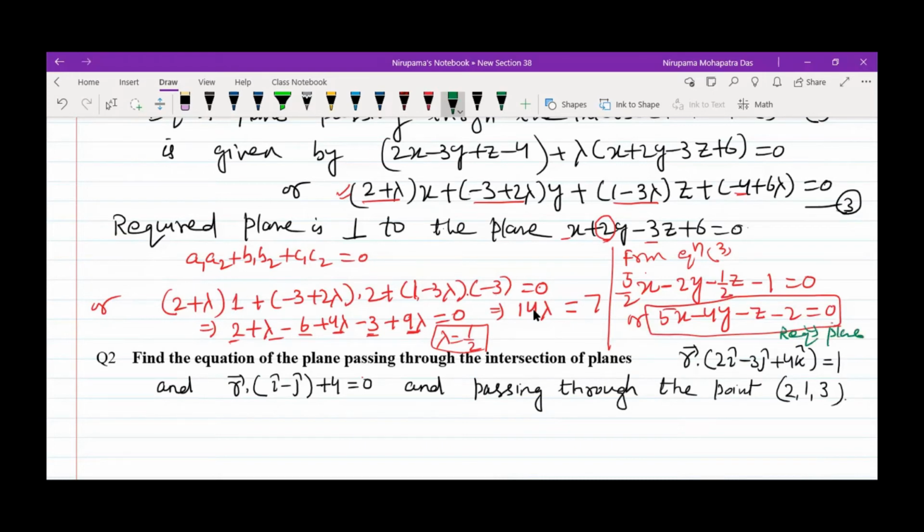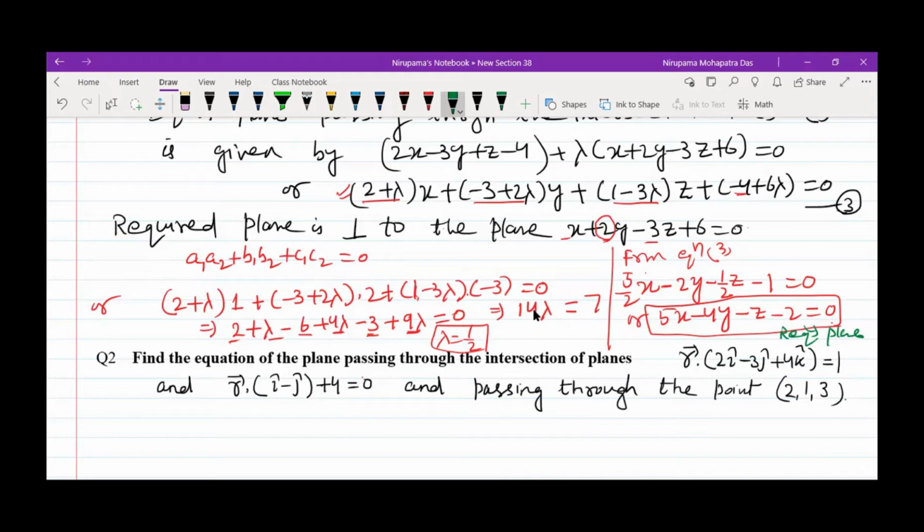So what steps have we followed? First step is to write the system of planes passing through the intersection of two given planes, that is P1 plus lambda P2 equal to 0. Even if you have constant terms on the right side, you have to take everything to the left side, that is, write the equation in the form ax plus by plus cz plus d equal to 0.